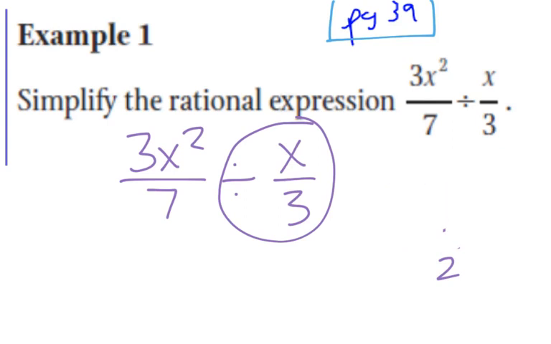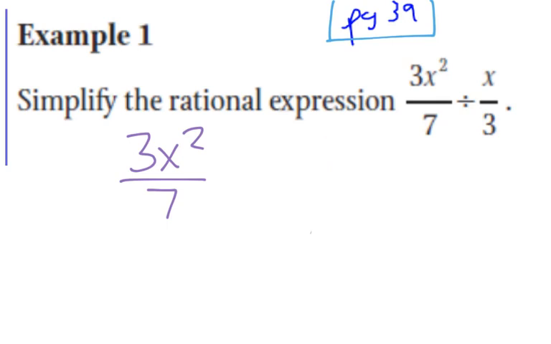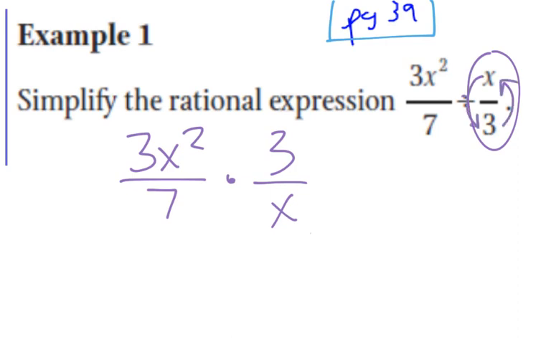So what we can do, and what we've been able to do with the dividing of fractions, is multiply by the reciprocal of the second fraction. So the 3 goes up top, the x goes down bottom, that changes that to multiply. Then we can deal with it.